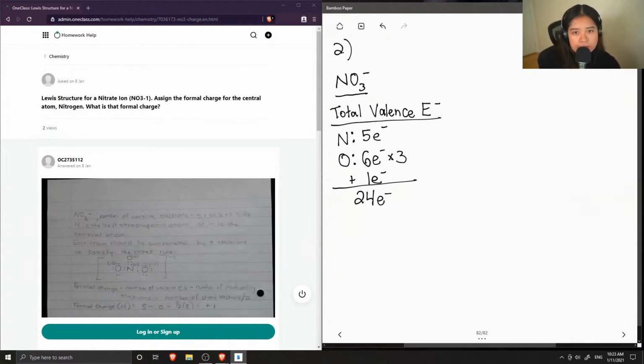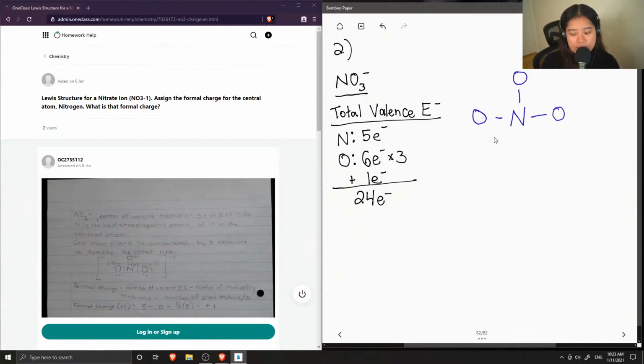So now let us start to write down the Lewis structure. We have nitrogen as our central atom. And then I'm just going to draw oxygens all around, just with single bonds.